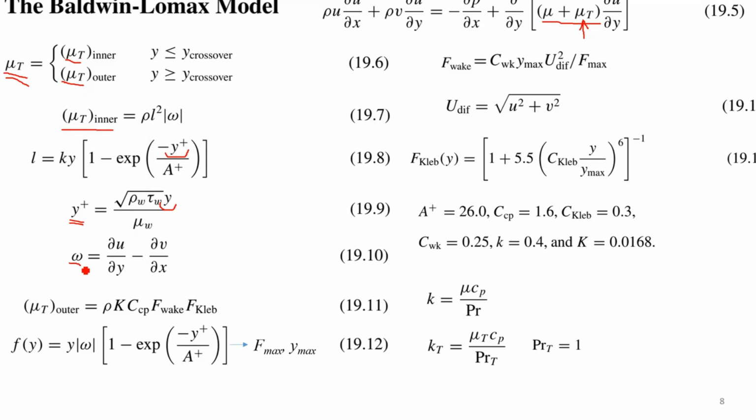And angular velocity, this function I hope you remember from aerodynamics, is calculated as the difference between the derivative of u velocity in the y direction minus the derivative of v velocity in the x direction. A classical definition of angular velocity. So this is for the inner layer.